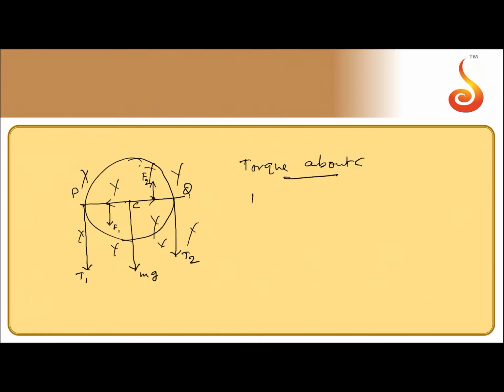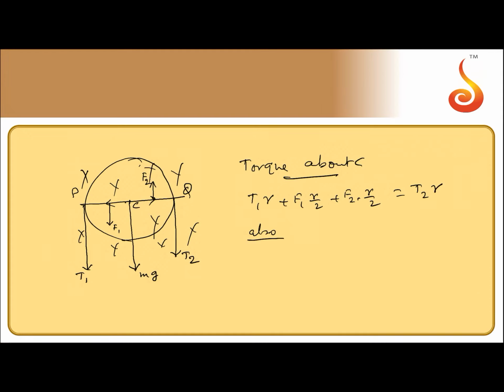So it will be T1 into R plus F1 into R by 2 plus F2 into R by 2, that must be counterbalanced by torque due to T2. So clockwise torque is equal to anti-clockwise torque.